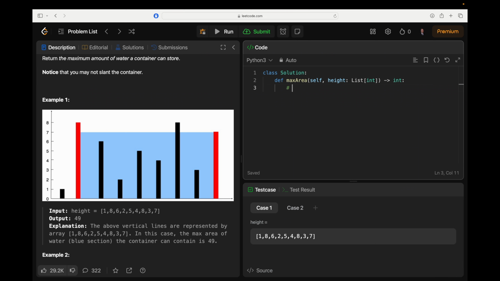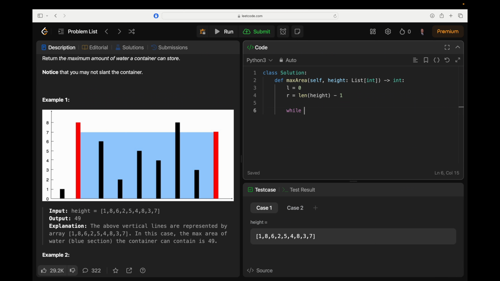Now, how do we make this happen? We're gonna say L equals 0, R equals length of height minus 1, because those are the indices of the leftmost and rightmost one.